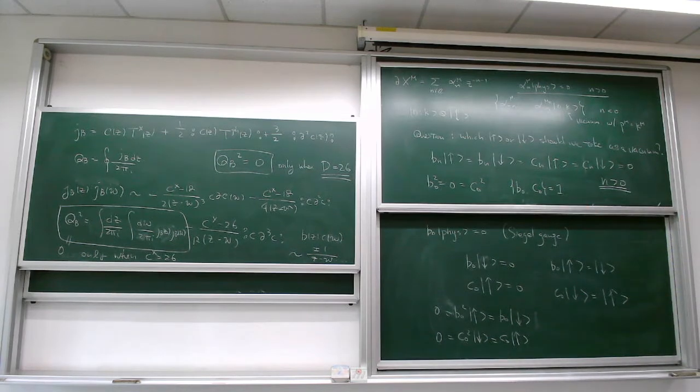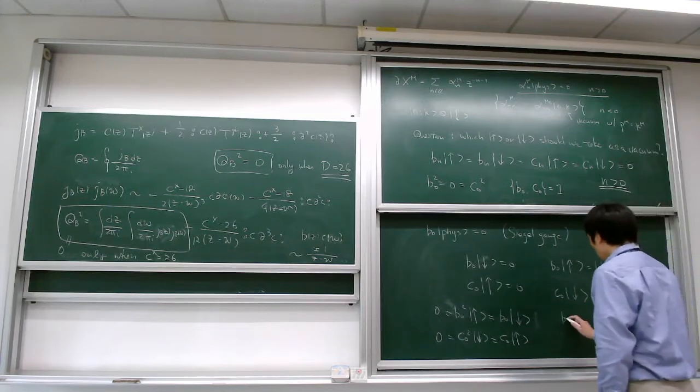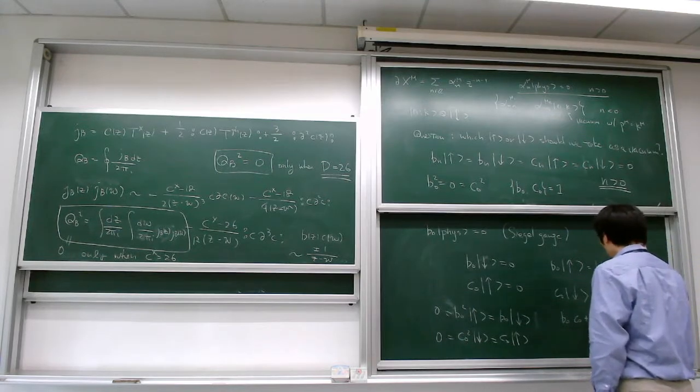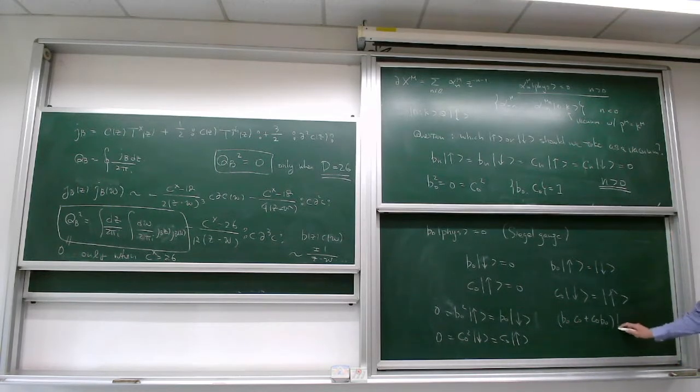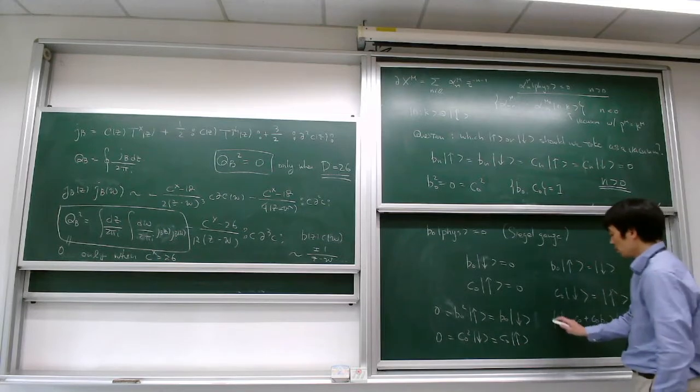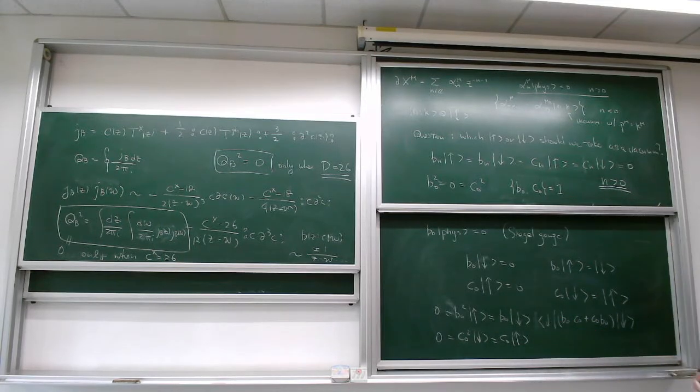Okay, let's do it step by step. So b0 c0 plus c0 b0, this is 1. And let's act with this on the state. Since b0 annihilates this one, you just act c0 on the down one, you get the up spin, and b0 acts on up spin, you get the down.